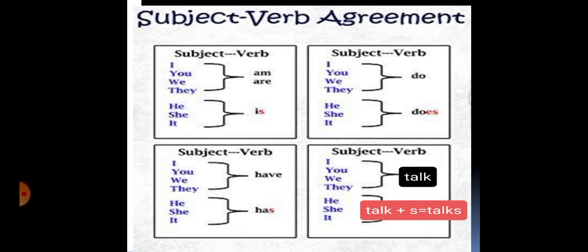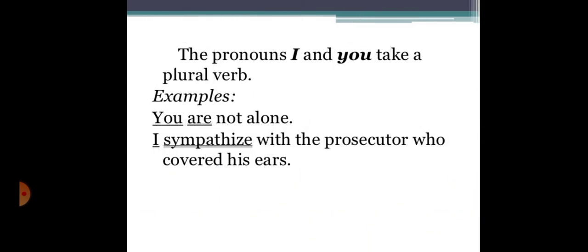With subjects I, you, we, they, we take the first form of the verb, in which we don't add s or es. With subjects he, she, it, we take the first form of the verb plus s, for example, here it is making it talks. Remember one thing, the pronouns I and you take a plural verb.